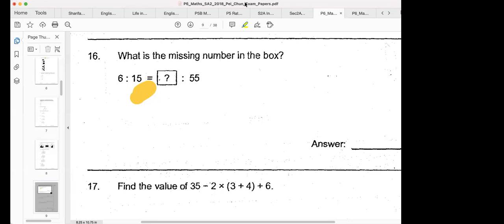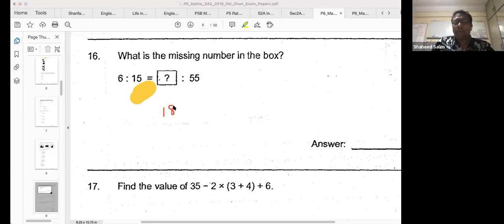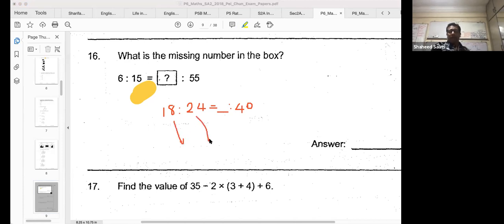Okay, so we try now. Next one. You can do this, guys. Sekejap, guys. Okay. Shakil, you reduce first. Both of you, all of you lah, reduce first, and then you times.